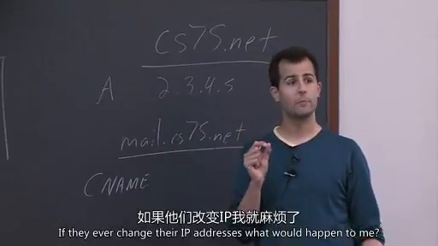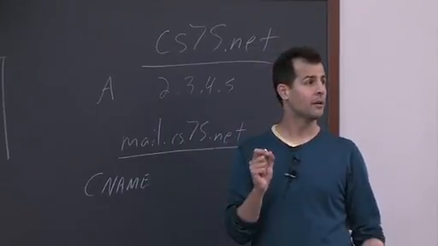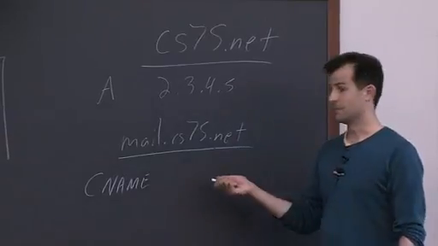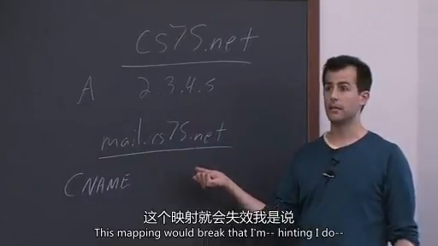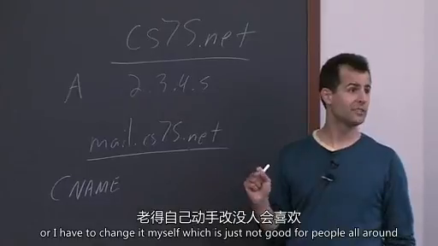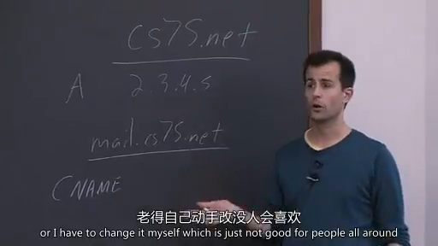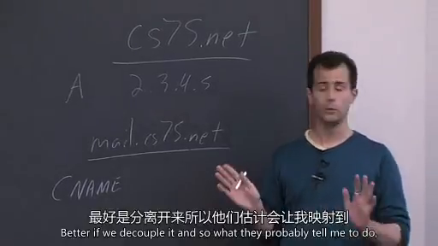If they ever change their IP addresses, what would happen to me? This mapping would break, or I have to change it myself, which is just not good for people all around. Better if we decouple it.